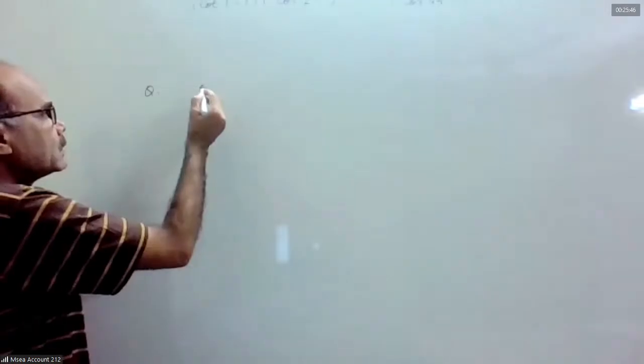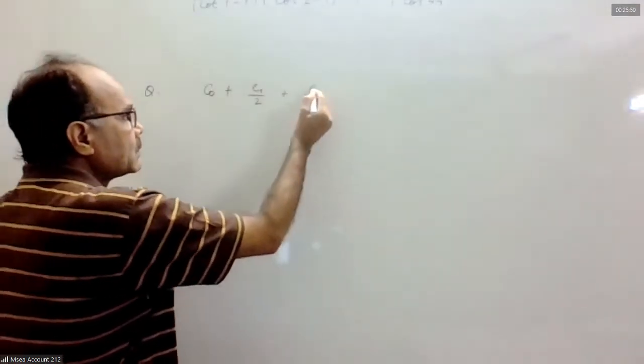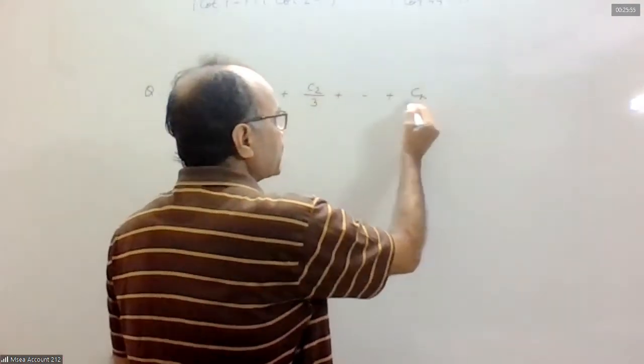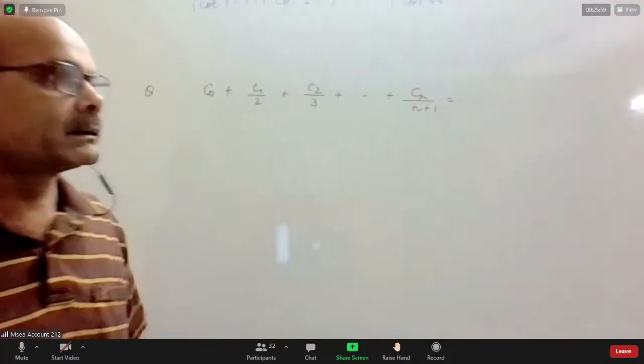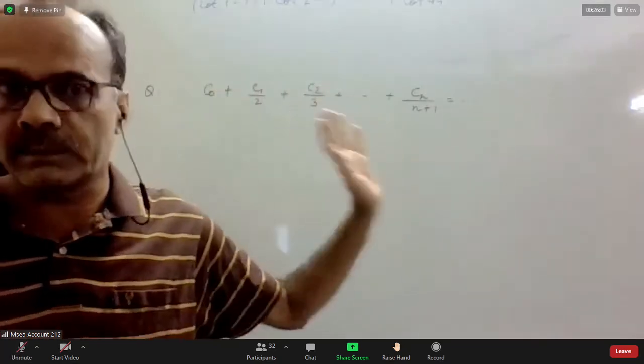C0 plus, these are variable coefficients. Find the value of this. See, whenever the binomial coefficients are multiplied by some constant, we have to differentiate.